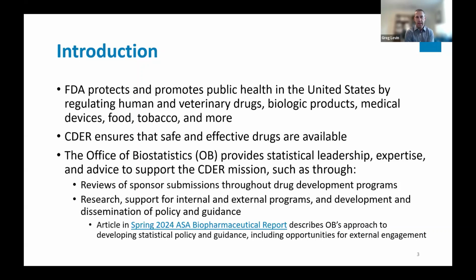Statisticians in OB review sponsor submissions throughout drug development programs. We provide research support for internal and external programs, and help develop and disseminate policy and guidance. And it's the policy and guidance space where I'm most involved in my position.